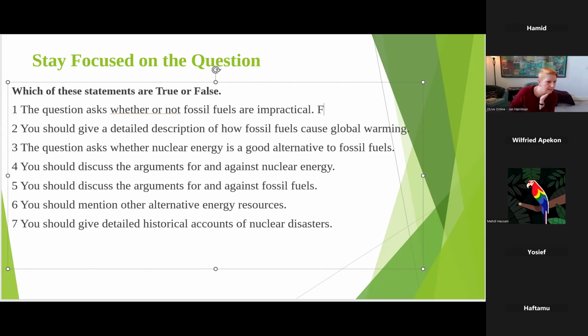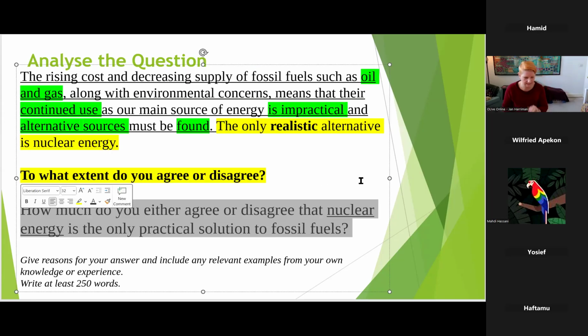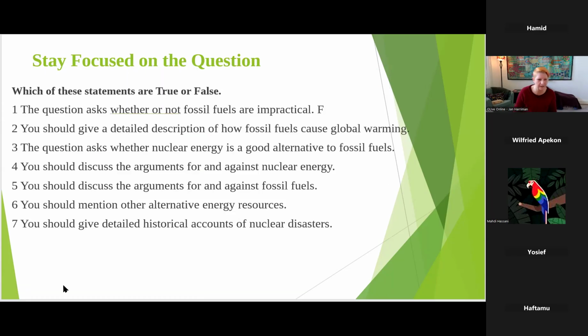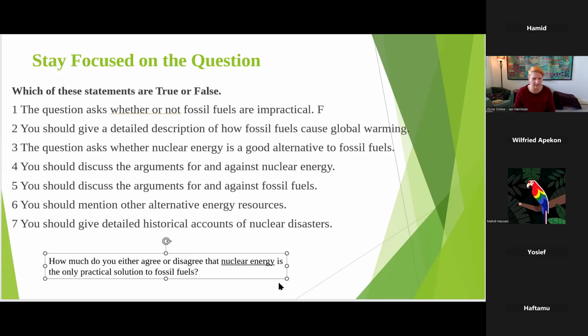Right. Here, we're going to stay focused on the question. Remember, we have this analysis, right? This was our analysis, our paraphrase, trying to figure out what they're asking us to do. All right, so I'll put this on the page as well, so that we've got it here. So there's our question. Remember, this was our analysis of the question.